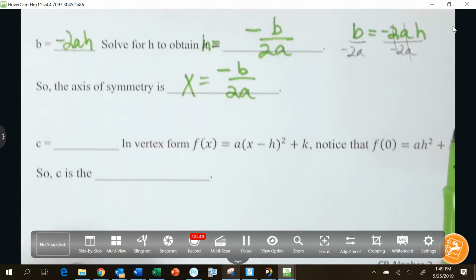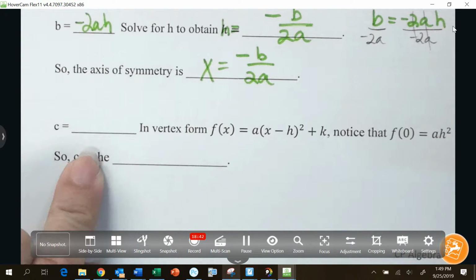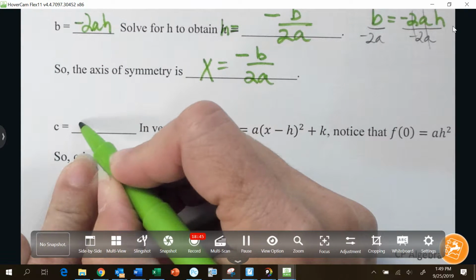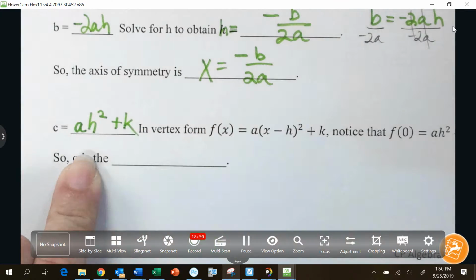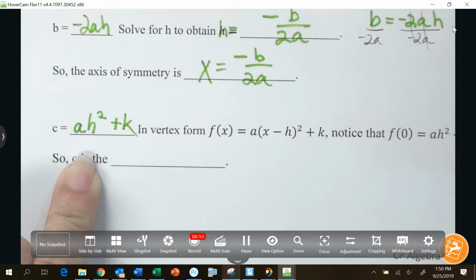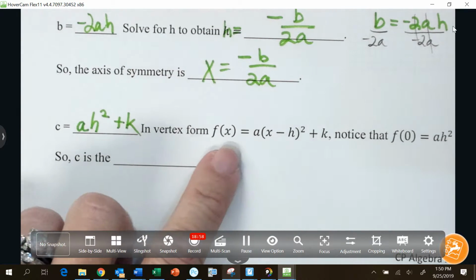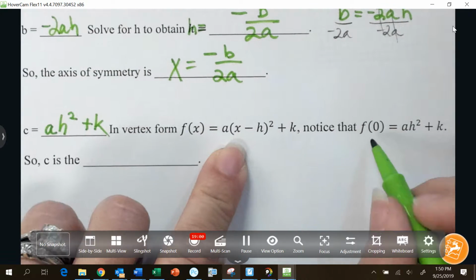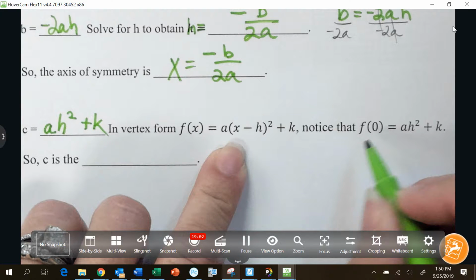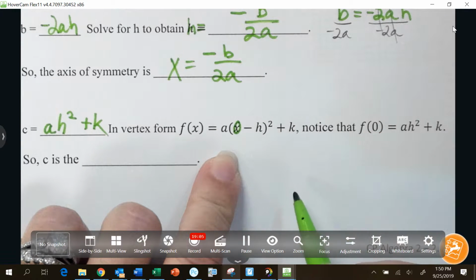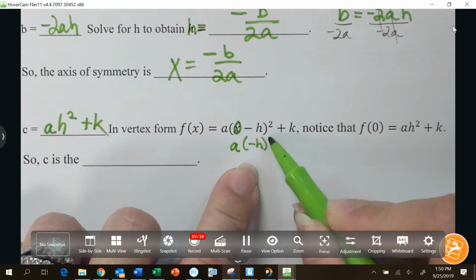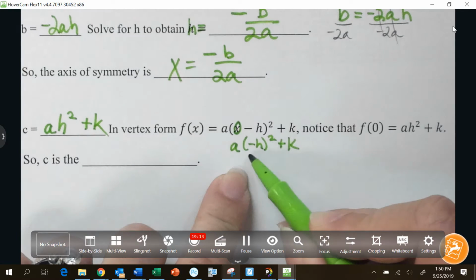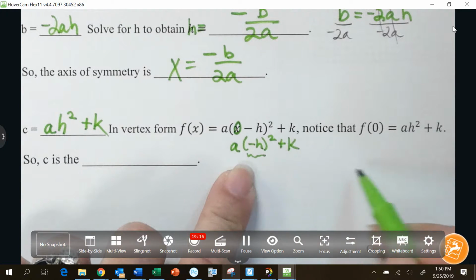Okay, same thing with C. C equals, we had a big thing for C. C equals AH squared plus K. In vertex form, if I did f of 0, that means if I put in 0 for the x, I will get negative h squared plus k, and then what happens when I square negative h?